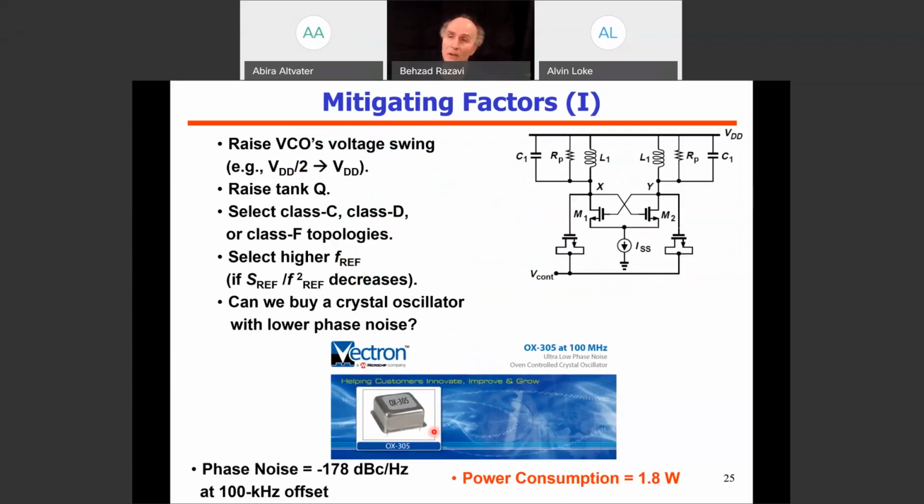If you look at the integrated crystal oscillators that have been reported in the literature using CMOS technology in our domain, their phase noise is quite higher. They are on the order of minus 158 dBc per hertz at, for example, maybe 80 megahertz or 70 megahertz or so. My objective here was to still have an optimistic estimate of the reference phase noise.